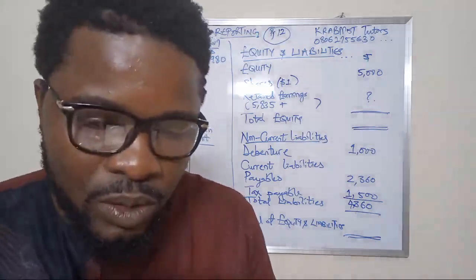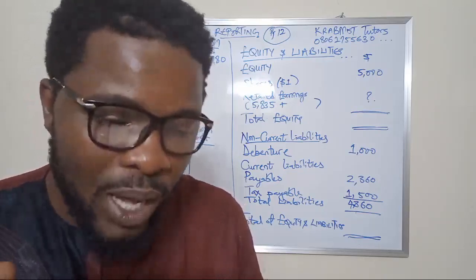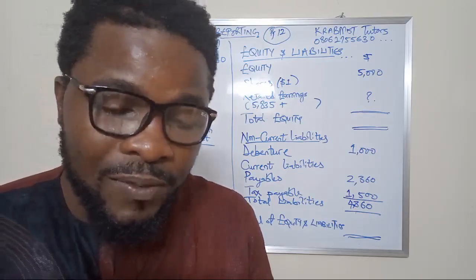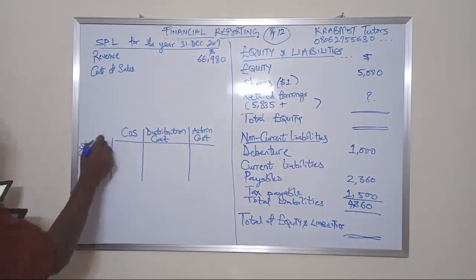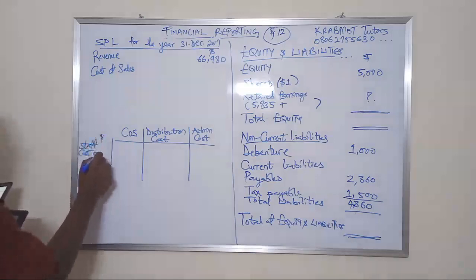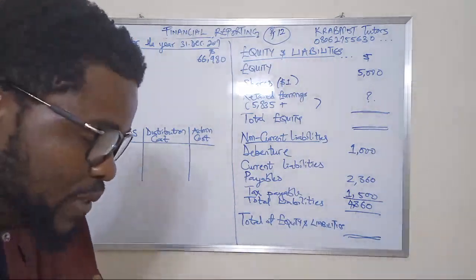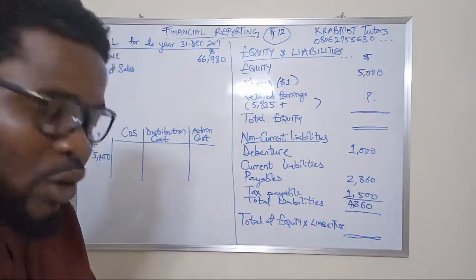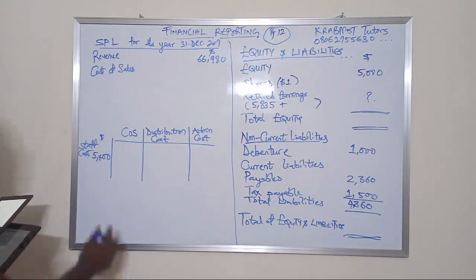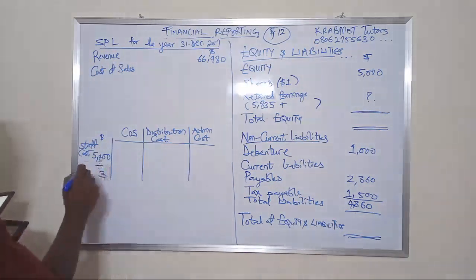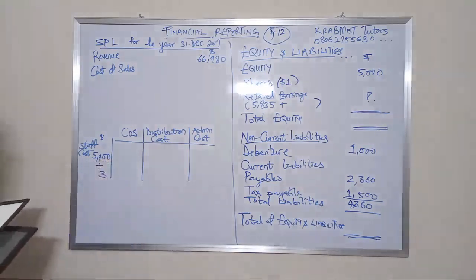And what is staff cost? Staff cost is number 4. 1, 2, 3, 4. It is 5,400. And the question says in note 3, staff costs are to be apportioned equally across all of this. So if it's apportioned equally, it means this will be divided by 3. 5,400 divided by 3, what does it give you?